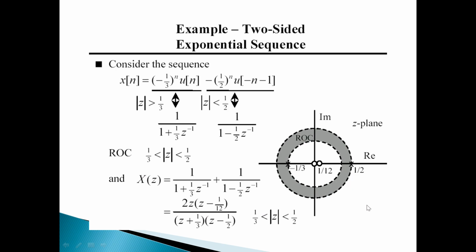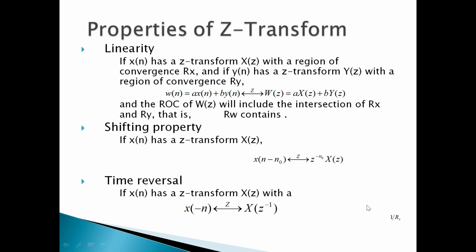So next slide. Now we are discussing the basic properties of Z transform. First property is linearity property. Linearity is nothing but a combination of two or three linear functions.